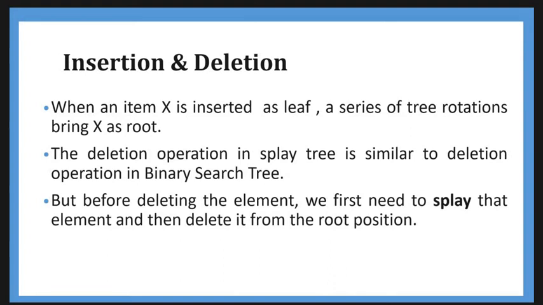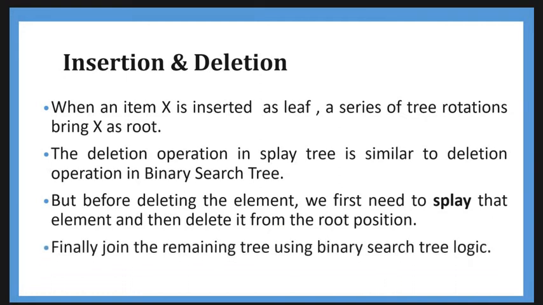Here you are dealing with the third case, that is, the node which has two children. So finally, join the remaining trees using binary search tree logic. So what is the logic when you are deleting a node with two children? You replace the node that you want to delete by the in-order successor, or you use the minimum from the left side.